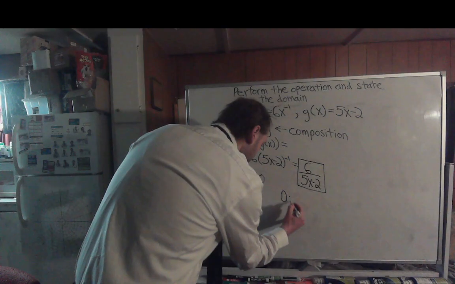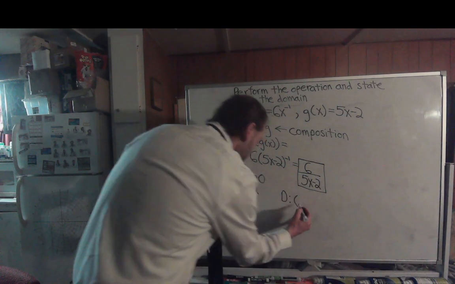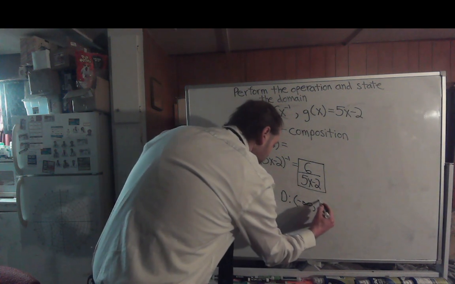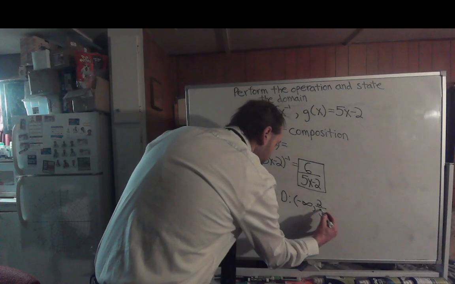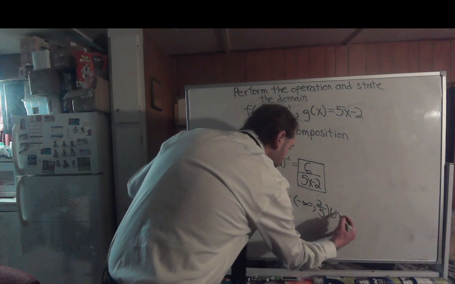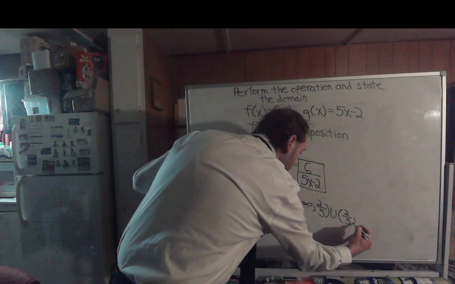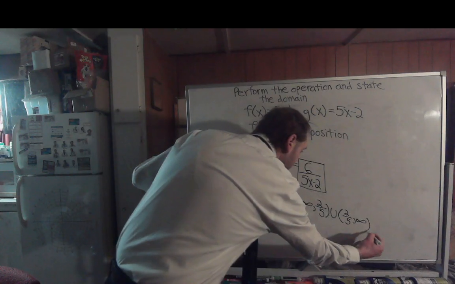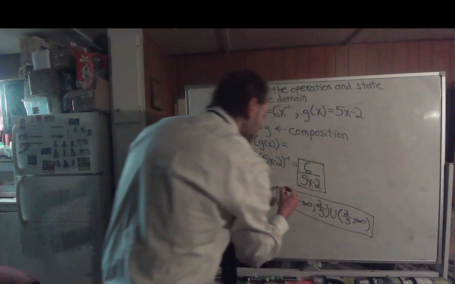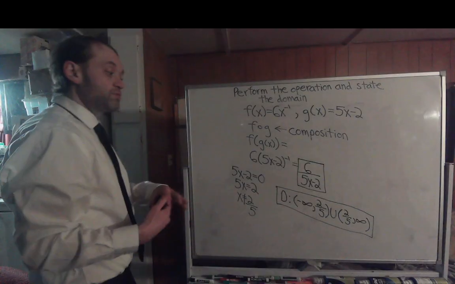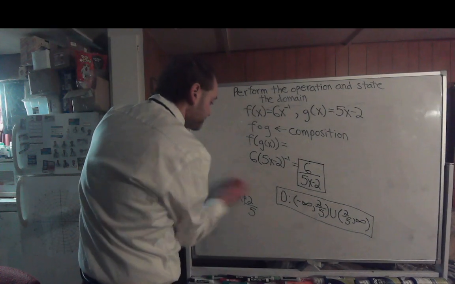So the domain is actually going to end up being from negative infinity to 2/5, non-inclusive, in union with 2/5 non-inclusive to infinity. That would be the domain of this composition function. It's just not defined at 2/5. Now let's reverse this a little bit.